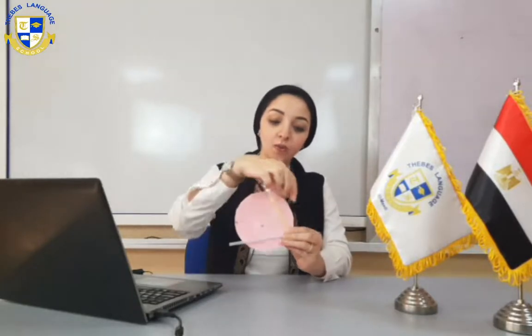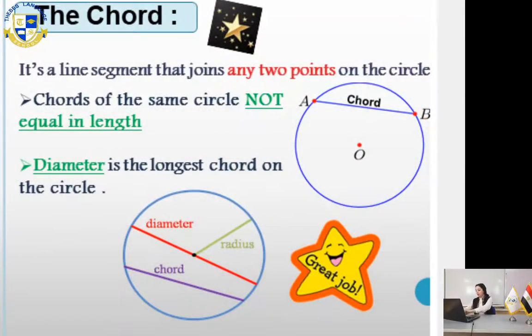We have here two points, B, D. BD is called a chord of a circle. Okay, you have to know that the chords of a circle are not equal in length.